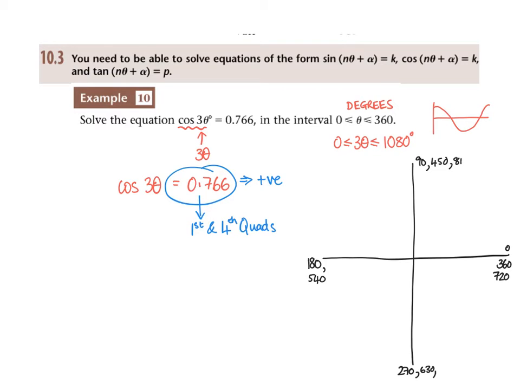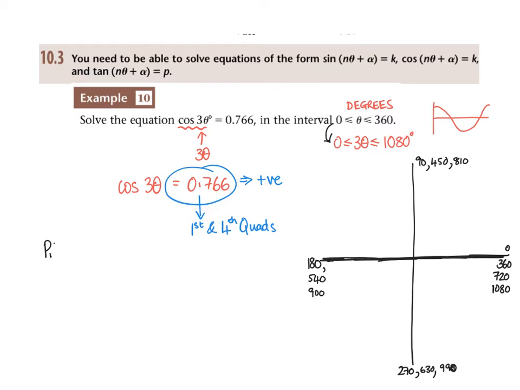So that's 810, 900, 990, and then 1080. So that would be going round 3 times, and the key thing is that we are measuring from this horizontal every single time. And that's simply because we've got 3 theta, so we have to change from 0 to 360, from 0 to 1080.